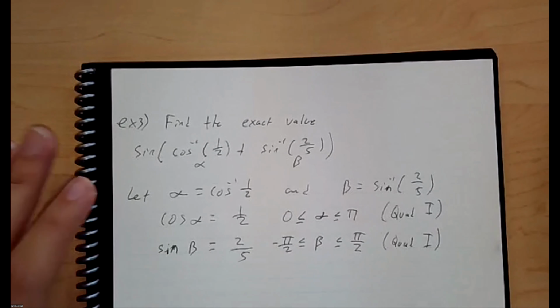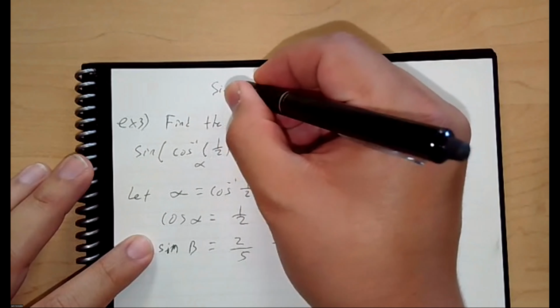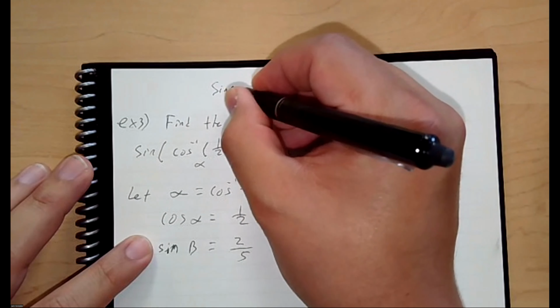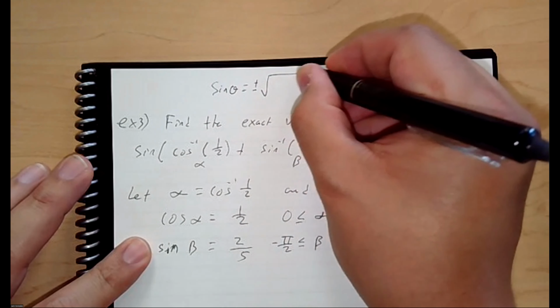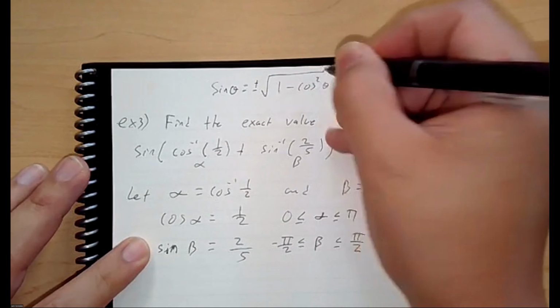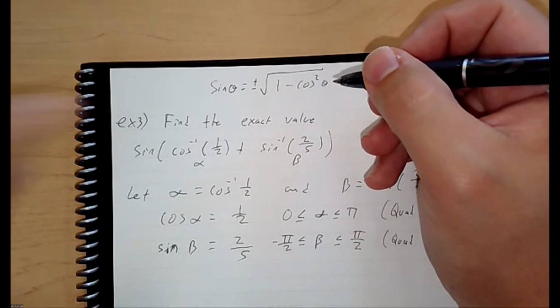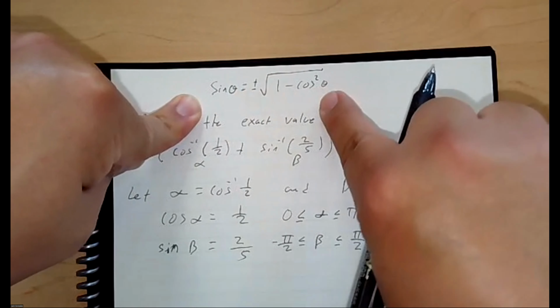If you remember, either draw a triangle or remember that sine theta is equal to plus or minus the square root of 1 minus cosine squared theta. If you look at your Pythagorean formulas, the ones I gave you last time, solve for sine yourself and you'll get this.